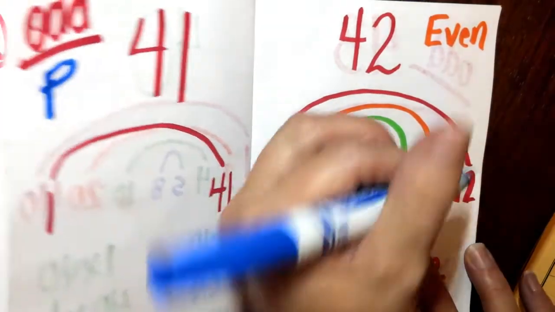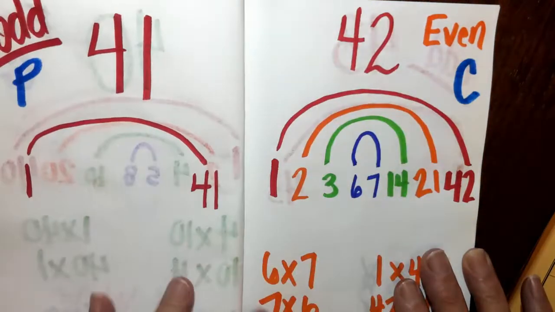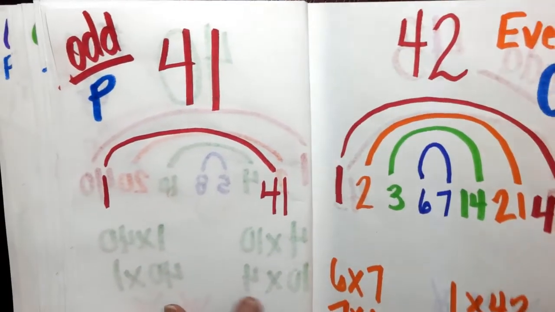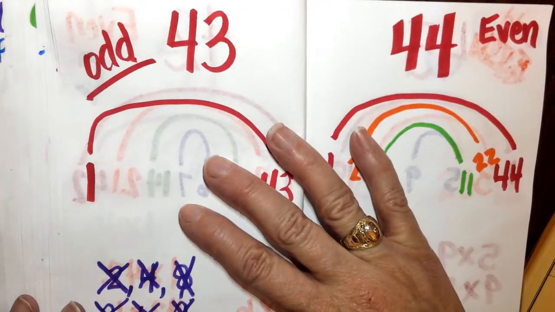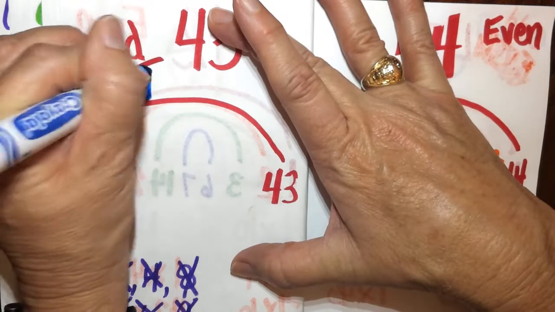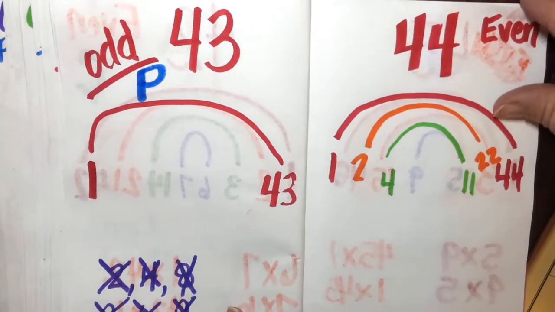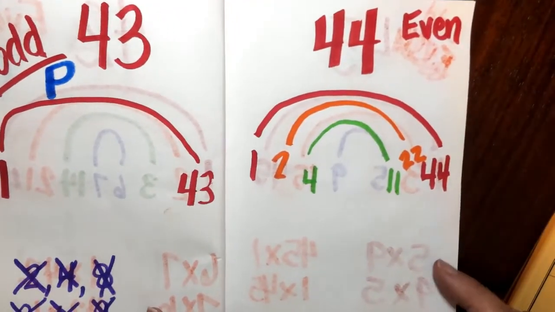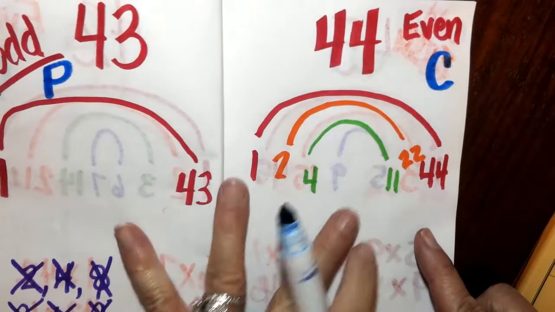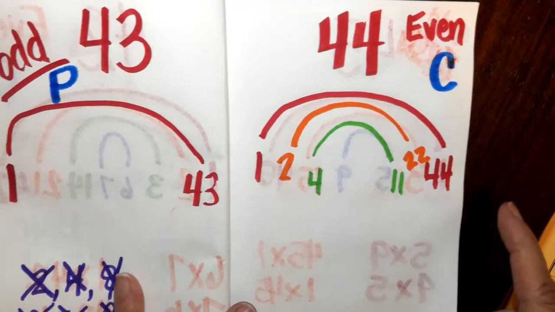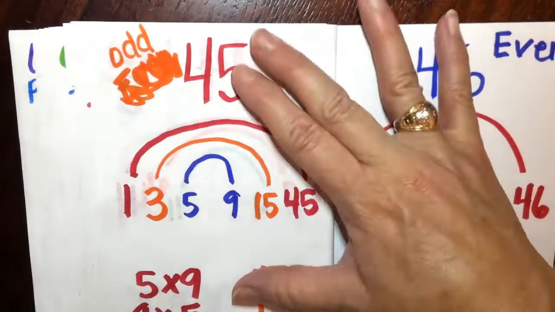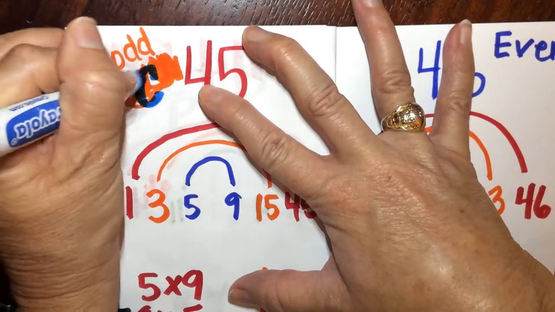Number 42 is an even number with many factors, so we're going to label it composite. The number 43 only has 2 factors, 1 and 43, so we're going to label it prime. The number 44 is even, so we know it's composite and it has several factors. The number 45 has several factors also, and we're going to label it composite.